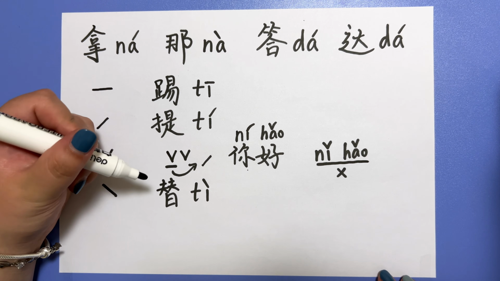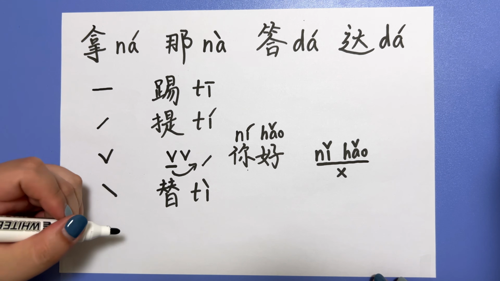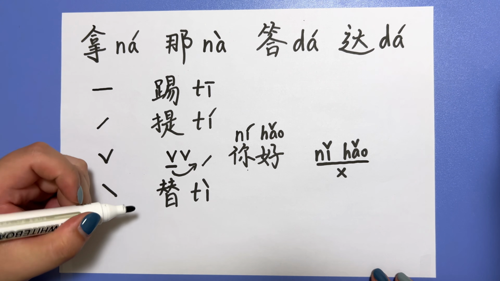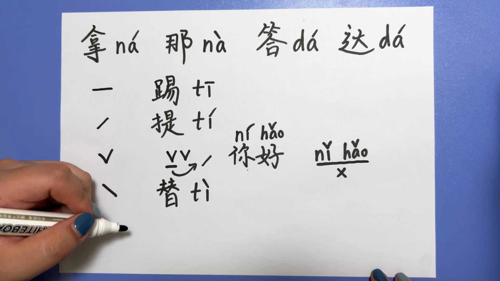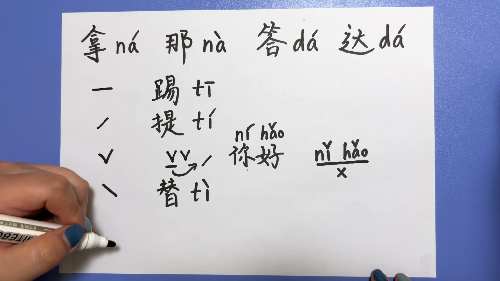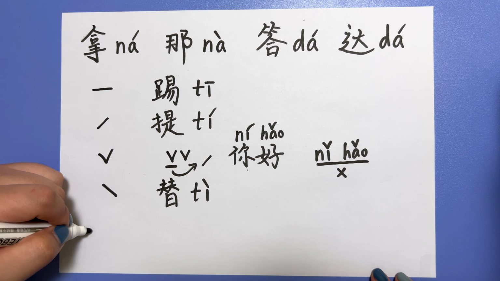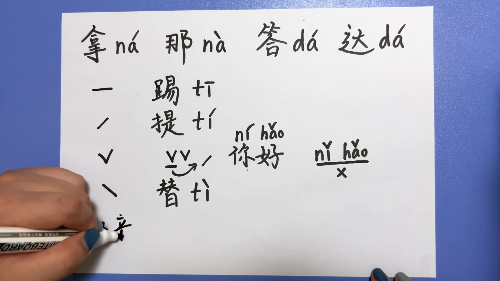Finally, let's learn the neutral tone in Chinese. The neutral tone is a light and short tone. To pronounce it, you just simply need to prolong the sound of its previous character. Then you will pronounce the neutral tone naturally.